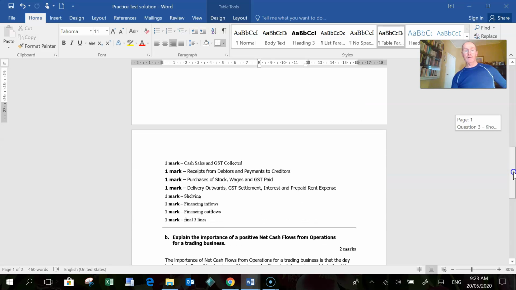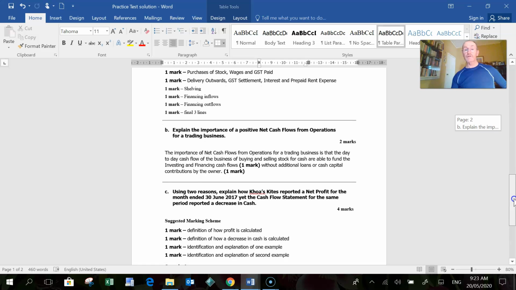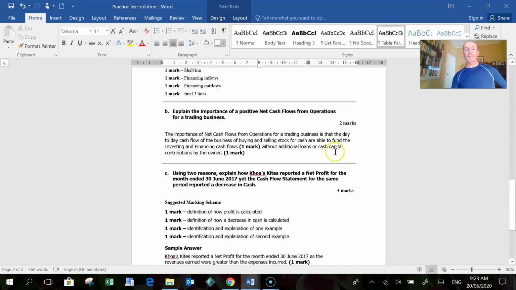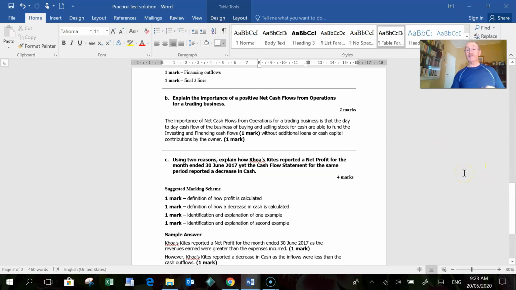We then jump down to the usual questions, usually a definition of one of the three activities. So explain the importance of a positive net cash flows from operating for a trading business. So what you're obviously going to talk about is that the net cash from operating activities is the internal cash generated by the business.